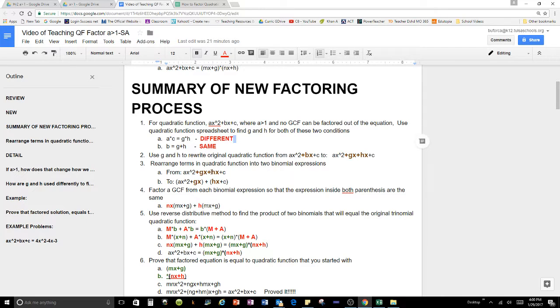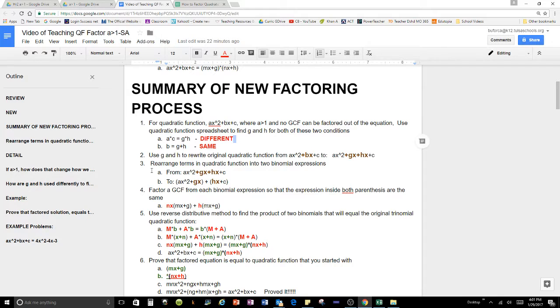Then we're going to take the hx term and group it with the c term. So we're really not changing the equation. We're just grouping it so that we're taking the hx and the c and putting parentheses around them and calling that one expression. Then we're taking the ax squared and the gx and putting them together.